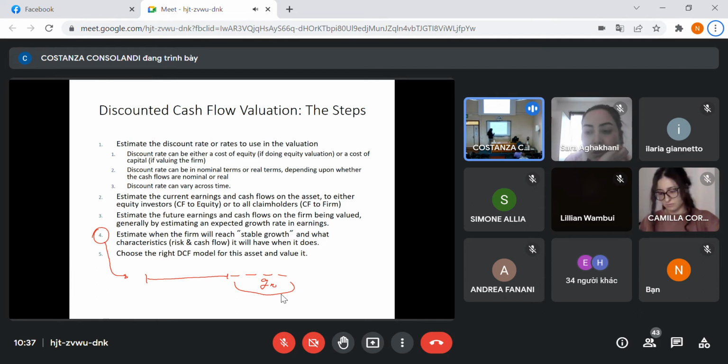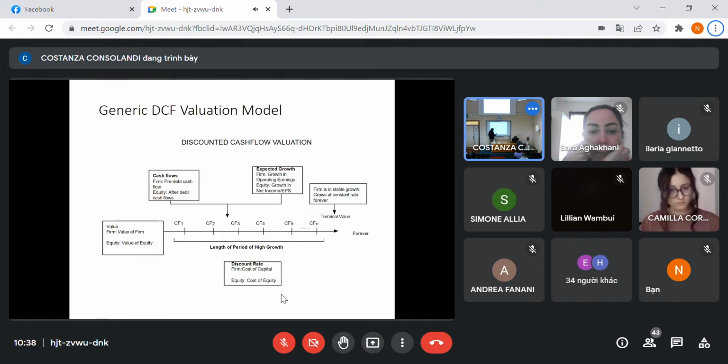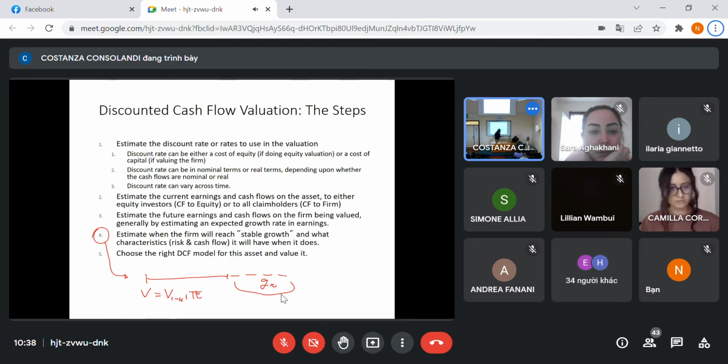So this value is always the present value of future expected cash flows, but analytically it will be equal to V1 to N plus the present value, sorry, of terminal value.